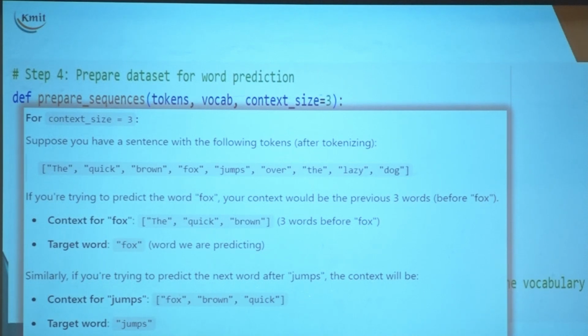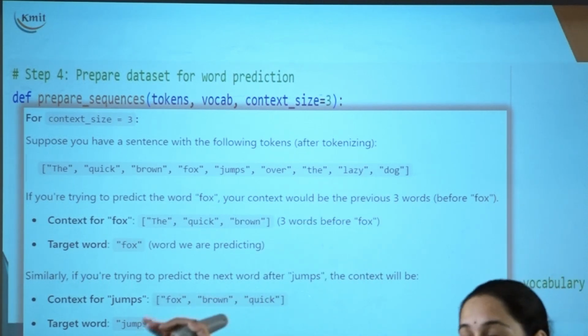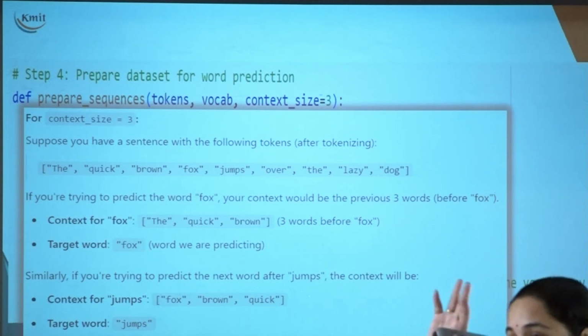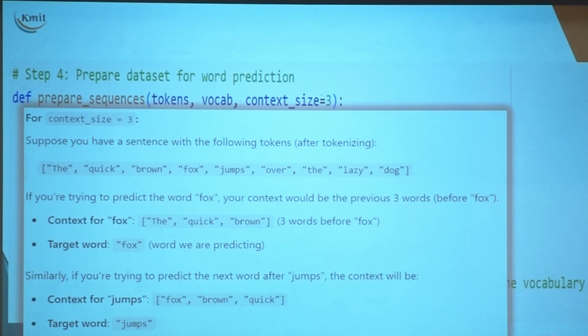So what should be the context? The quick brown should be the 3 words to be given, and the target will be fox. Similarly, if the target is jumps, what should be your context words?